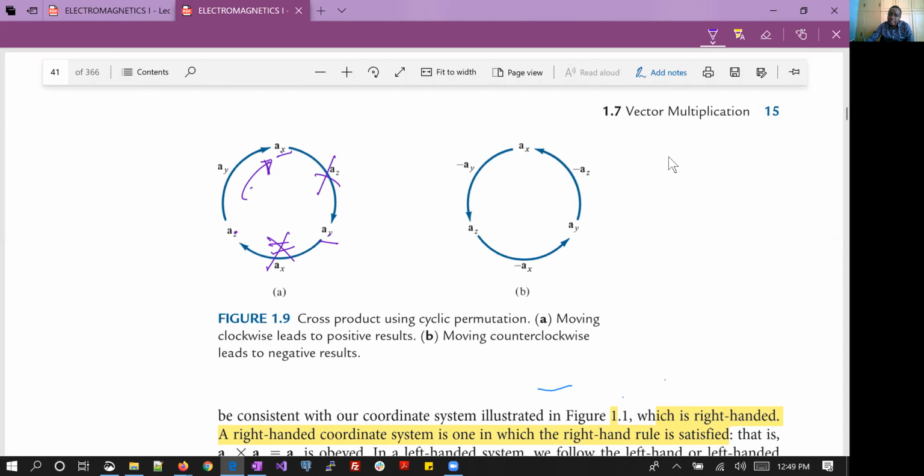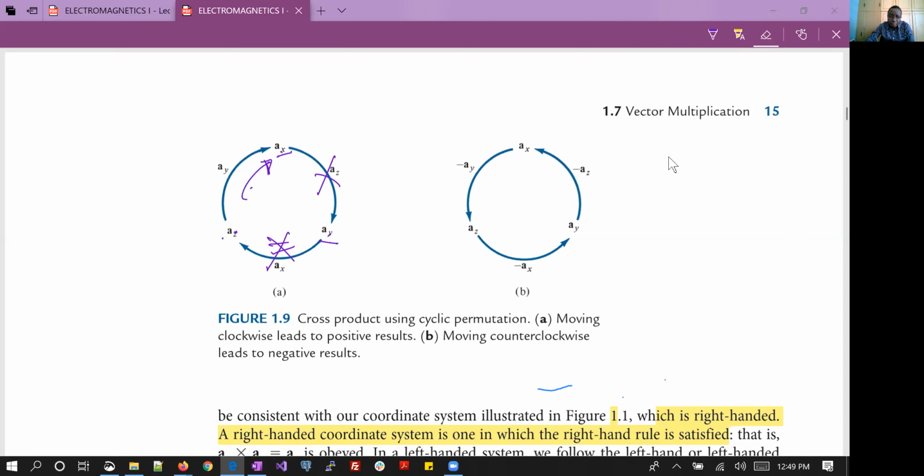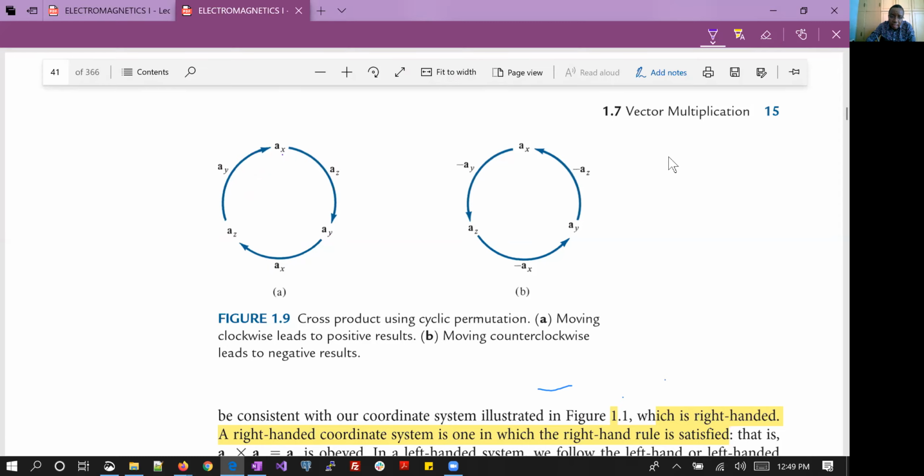So now here is the trick point. If you jump, as we are going through the loop, it becomes a negative result automatically. Like if you are saying AX, let me show you. Say AX cross AZ, you jump to one, you jump to this one.